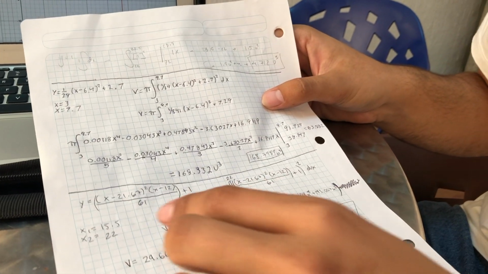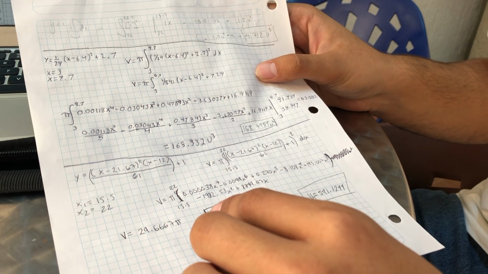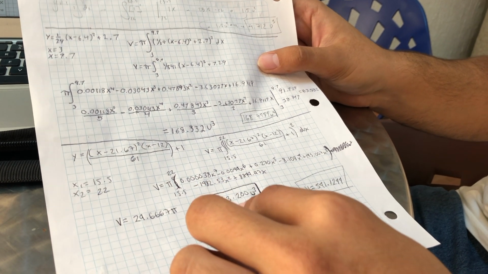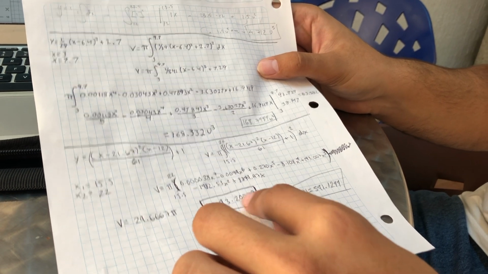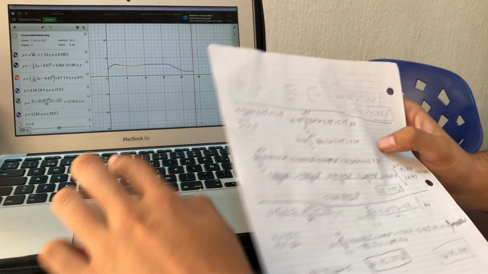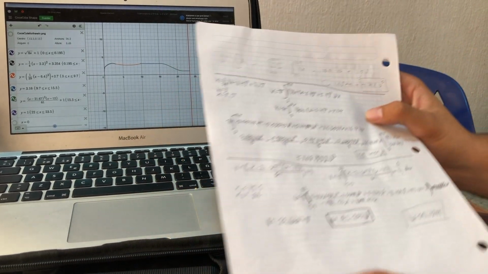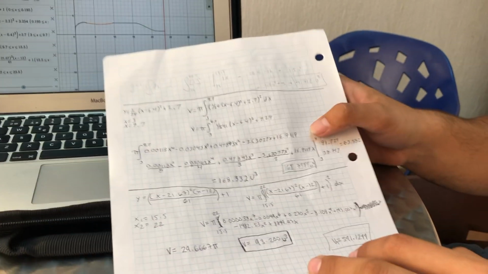And the last function we used was this one with a volume of 93.20 units cubic, which was the part before the end.